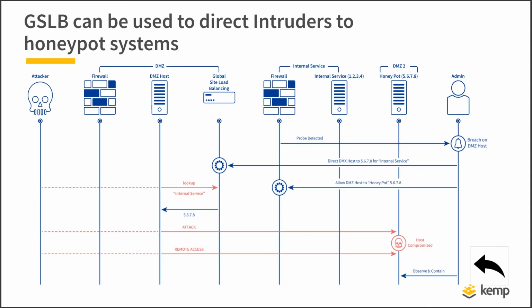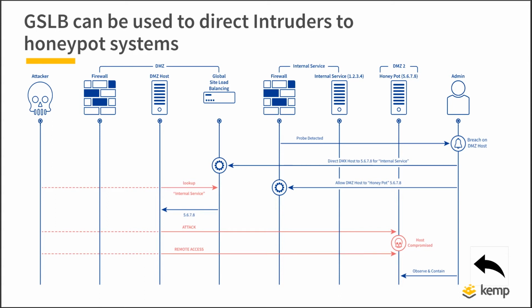So once we understand the situation, we can ensure that any lookups from that DMZ host via the GSLB for those other namespaces resolve to the honeypot IP address, so that as they're doing lateral movement and discovery and trying to look for other systems that they can reach, they're going to attempt to connect to the honeypot IP.